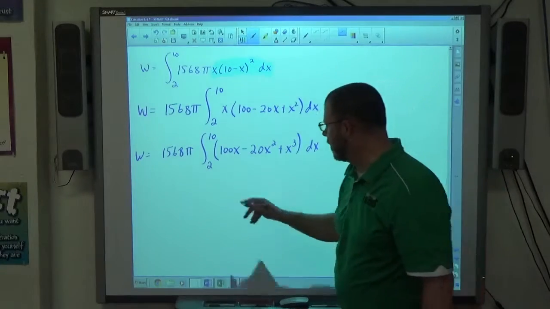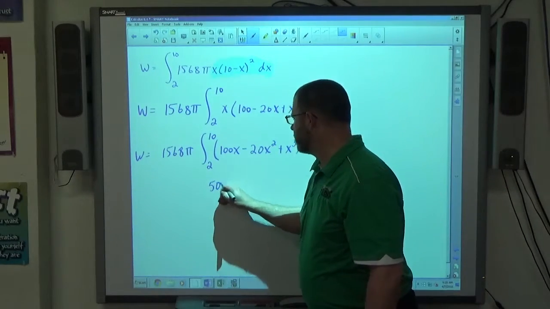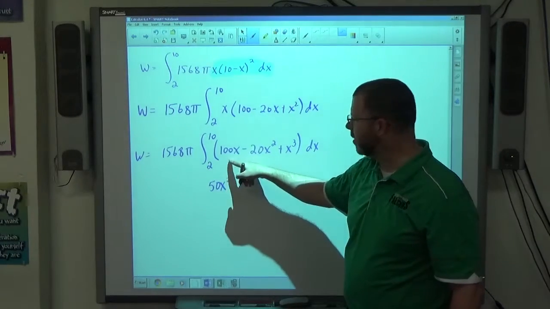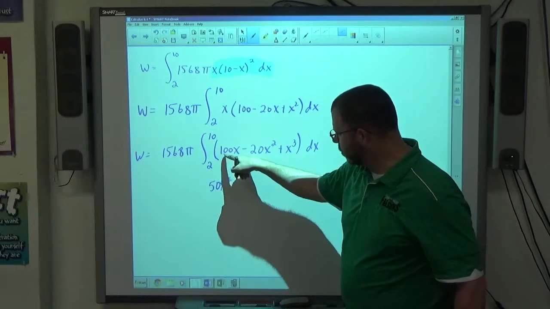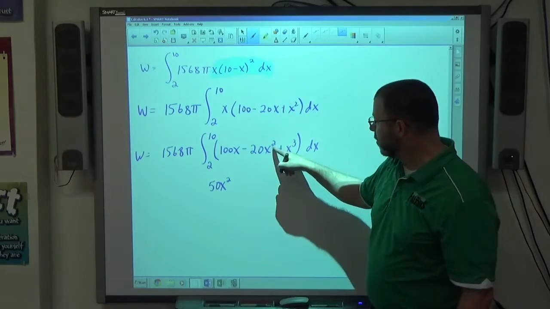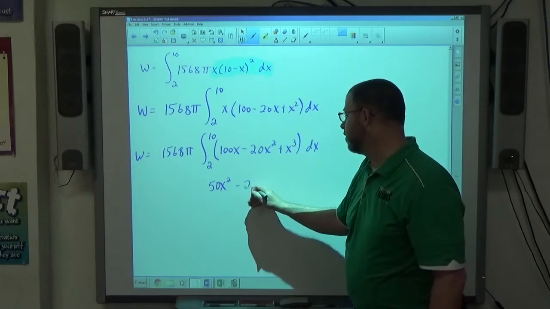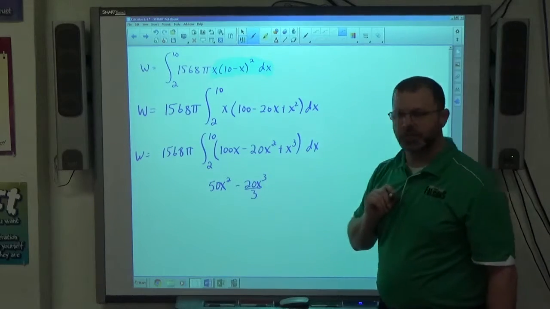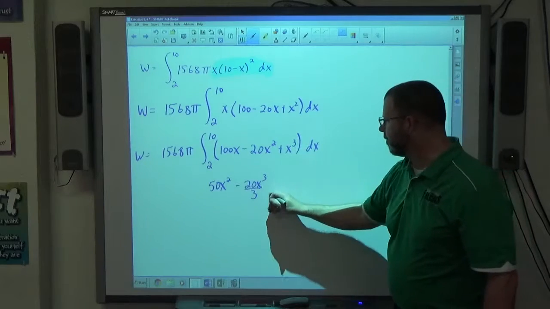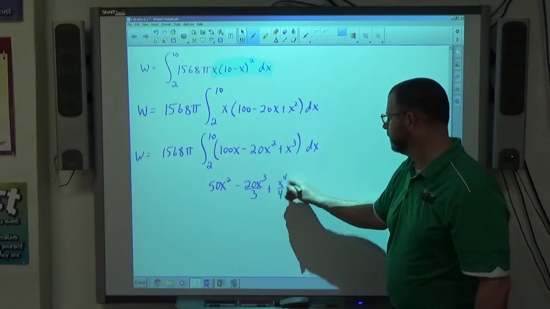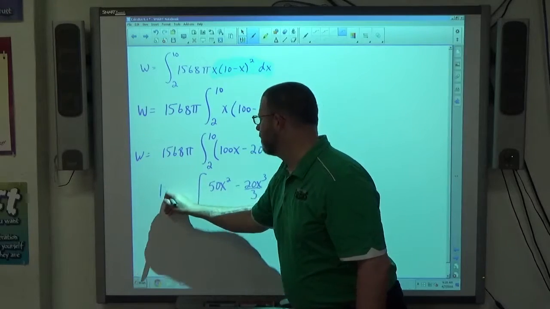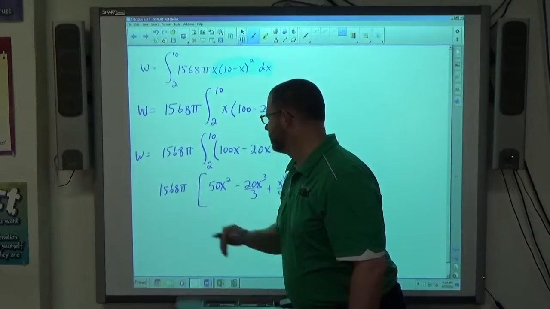I simply anti-differentiate. I'm going to get 50x squared, increasing the power by 1 and dividing by 2: 100 divided by 2 is 50. Increase this by 1 becomes 3, so I'm going to get 20x cubed over 3. That doesn't divide evenly, so I'm going to leave it as a fraction. That's going to be x to the 4th over 4. That whole thing is being multiplied by 1568 pi.